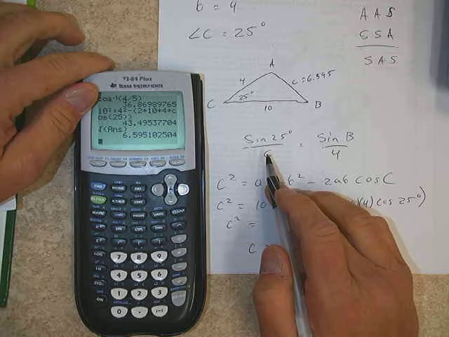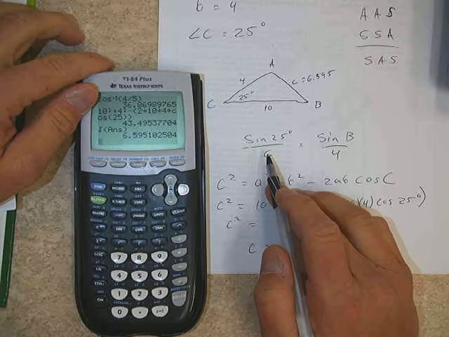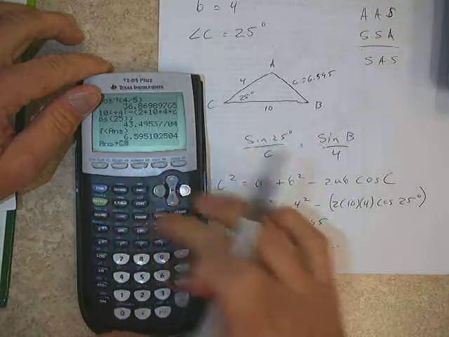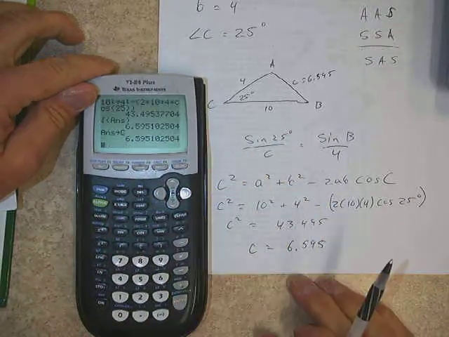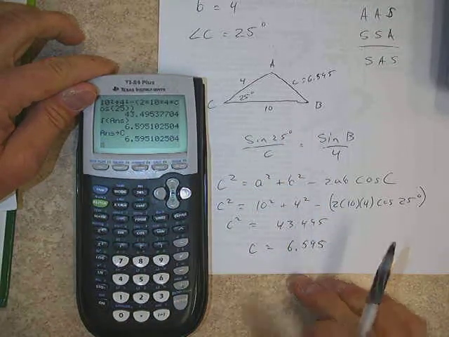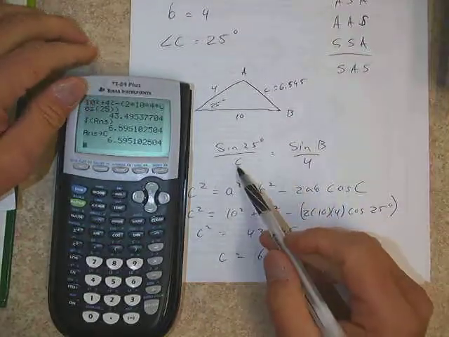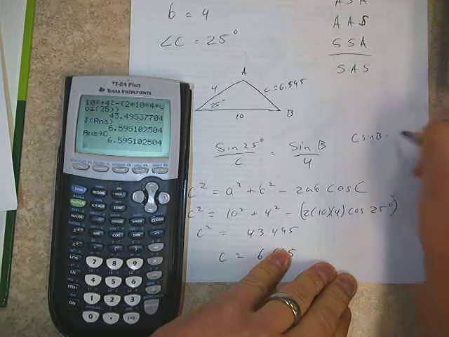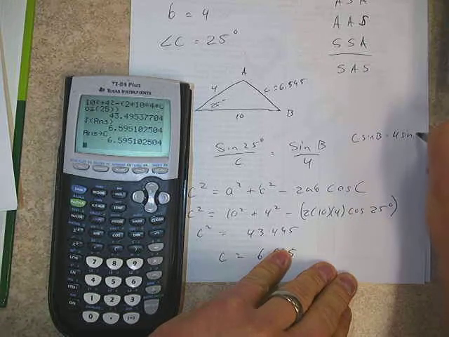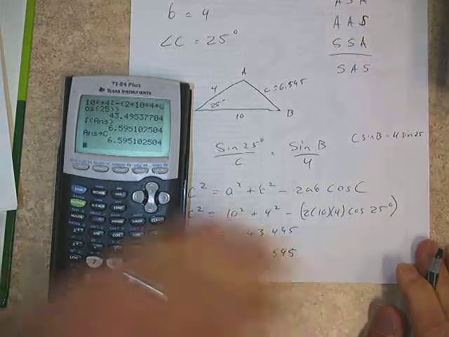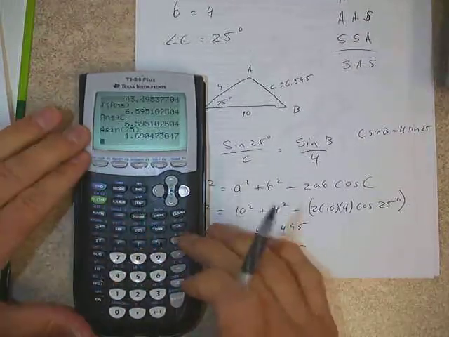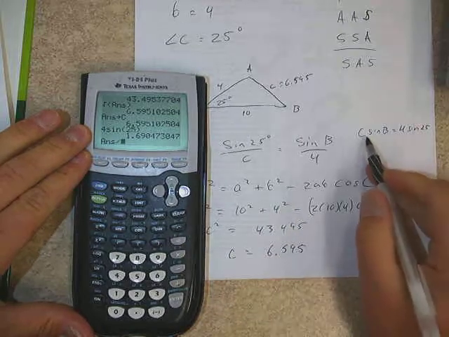One thing that I want to caution you on, and I've mentioned this before, is that if we're going to use that C that we just found, make sure that you store it so that you don't type in a rounded answer and then have error in your final answer. So if I were you, I'd store that. Might as well just call it C since that's what it is. Now that we have that value stored, if we do the cross product property, we're going to get C times sine of B equals 4 times sine of 25.